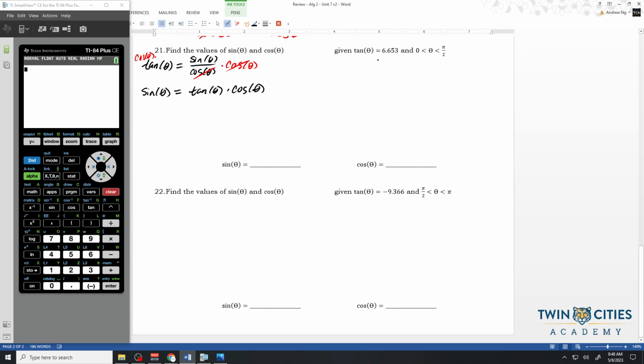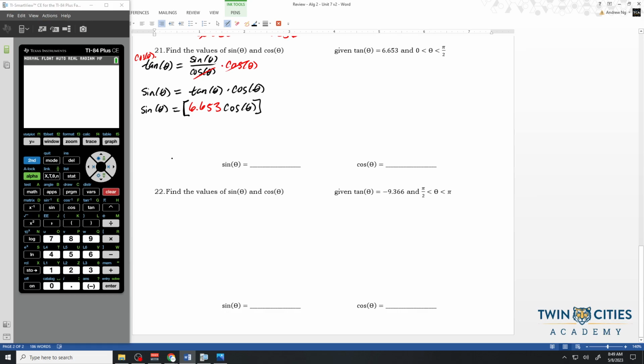And if I know the tangent, I can go ahead and plug that in here. The sine of theta is equal to 6.653, which is tangent of theta, times cosine of theta. Now, sine is this whole thing. It's this 6.653 cosine of theta.